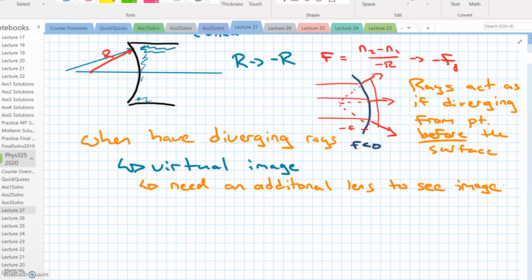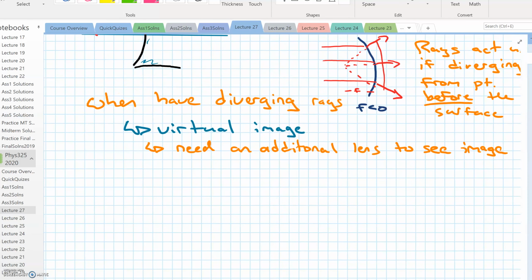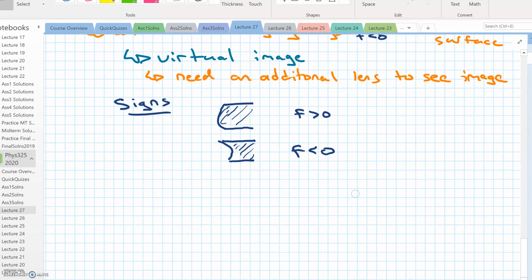Okay, great. So let's just enumerate our possibilities here. We had the original case we did, where we had R greater than 0. We had the case we just analyzed, which had that negative R. F was less than 0. How about the other way around?